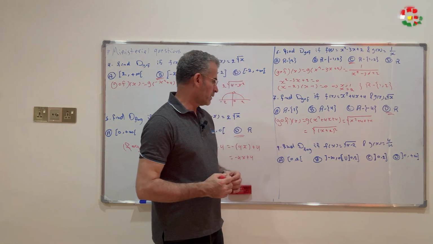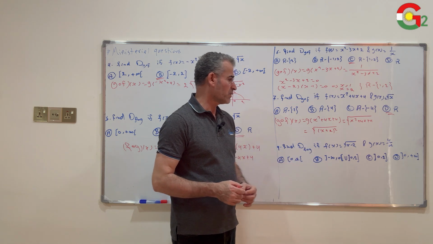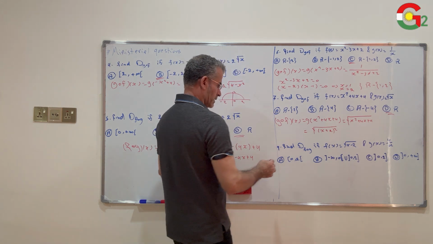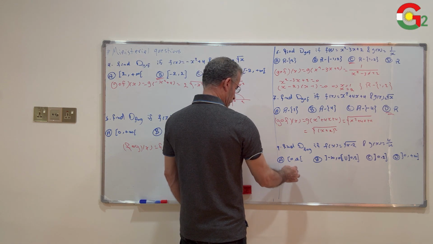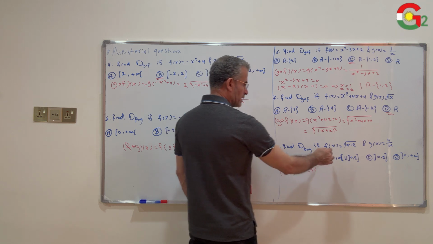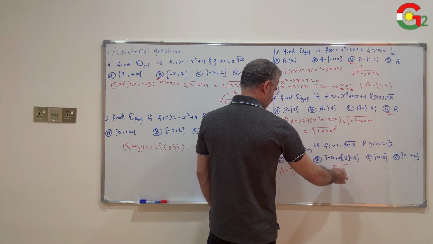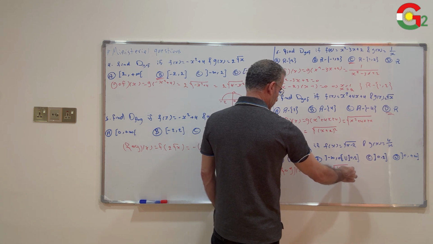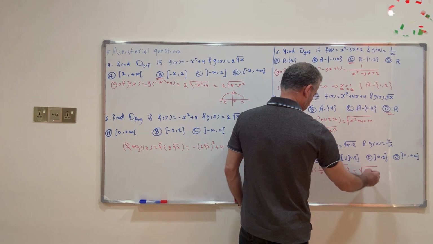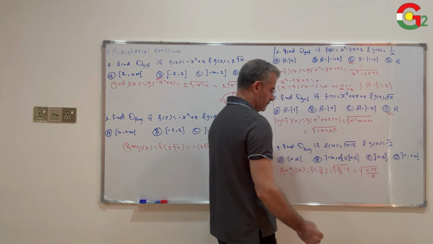Number 9. Find the domain of f∘g if f(x) = √(x - 2) and g(x) = 4/x. f(g(x)) = f(4/x) = √(4/x - 2) = √((4 - 2x)/x).